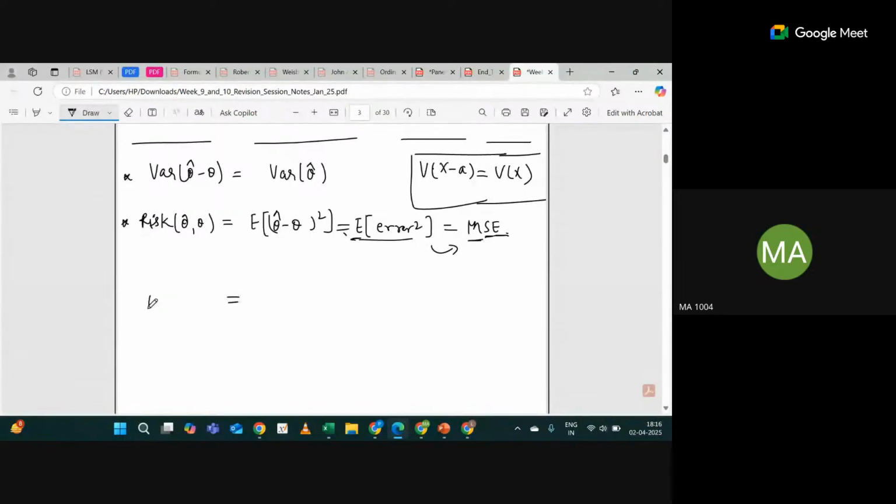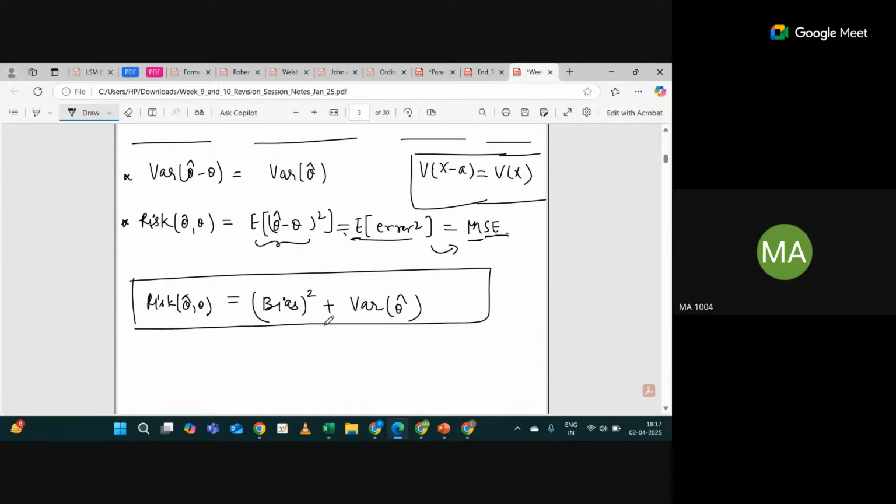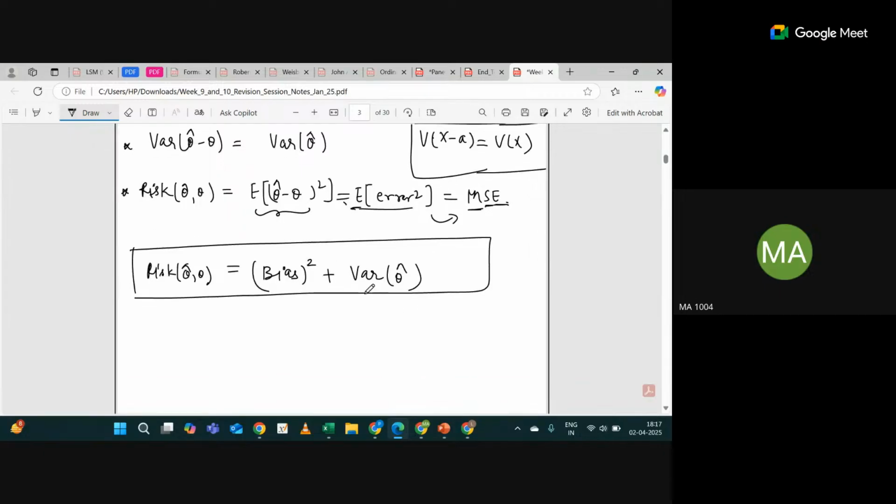When you expand this, risk is nothing but bias squared plus the variance of theta hat, the variance of the error or of the estimator. If a question asks you to find the risk, you have to calculate the bias of that estimator, calculate the variance of that estimator, square the bias, and add it to the variance.